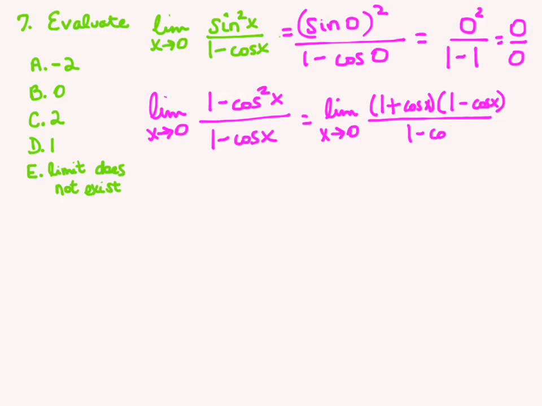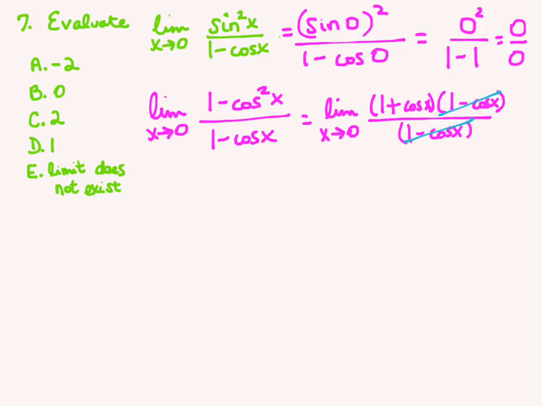Sorry, my stylus isn't working there. And then in my denominator, I still have 1 minus cosine x. Well, now I've got 1 minus cosine x in the numerator and the denominator. Those can cancel out. And now I do have a simplified version of my original function.